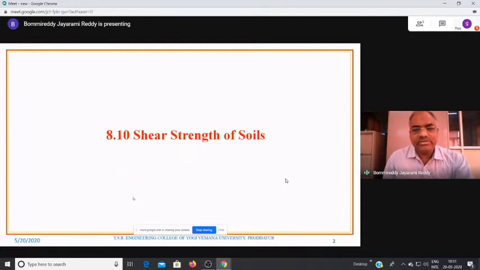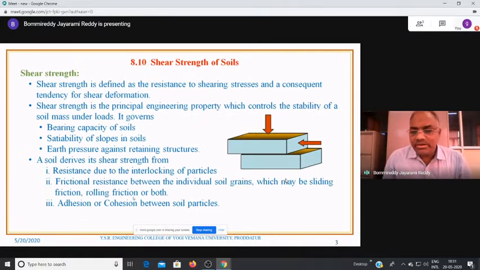Shear strength of soils. Here we are going to discuss first the general theory related to the shear strength of soils, various tests that are to be conducted, and the analysis of various tests, and more general information about cohesive soils and also non-cohesive soils with reference to the shear strength of the soils.